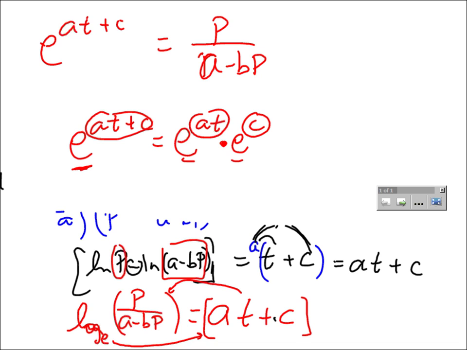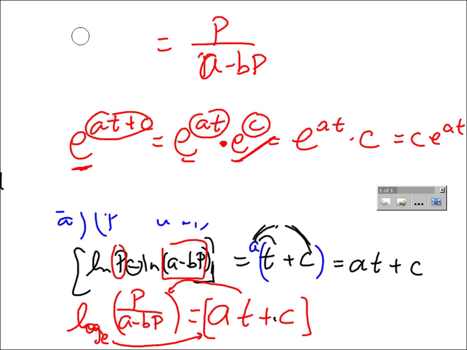Exactly what I have. e to the at times, now, e to a constant is just a constant. And it's customary to write the c first. C e to the at. So this left-hand side, which I'm erasing, is just c e to the at.